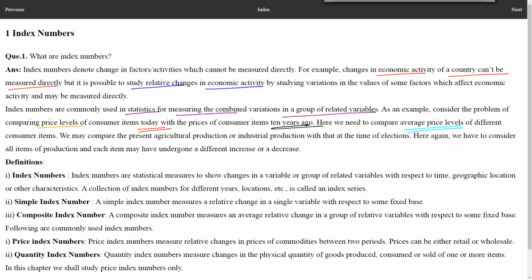We may compare the present agricultural production or say industrial production with that at the time of elections.